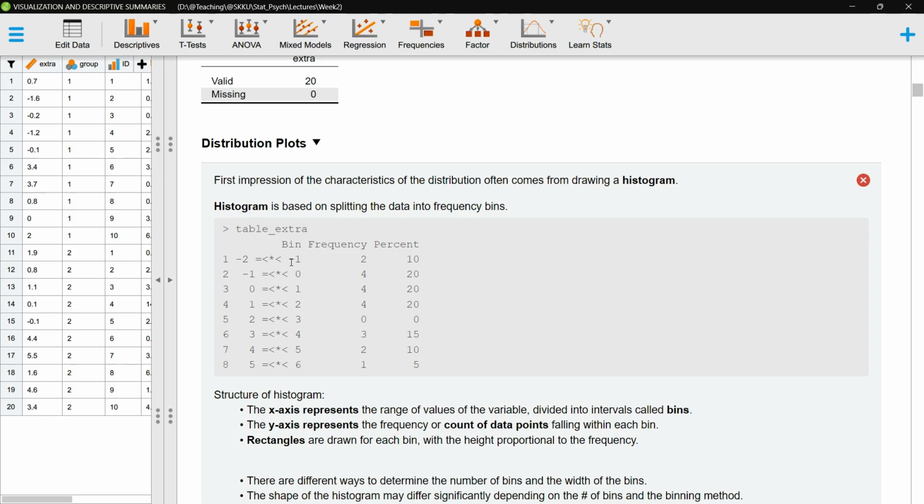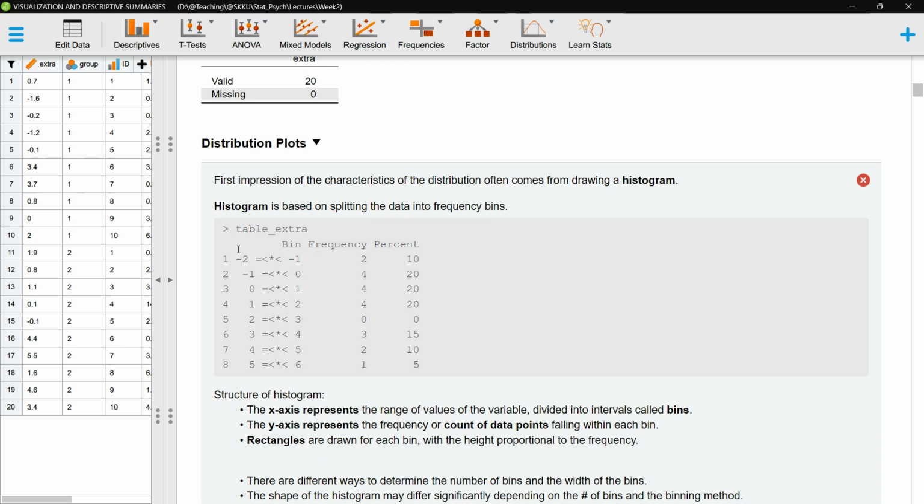And there should be no overlap in the interval bins. Okay, so that means they are exclusive. The bins are exclusive of each other, and combined, the whole set of bins covers the entire range.